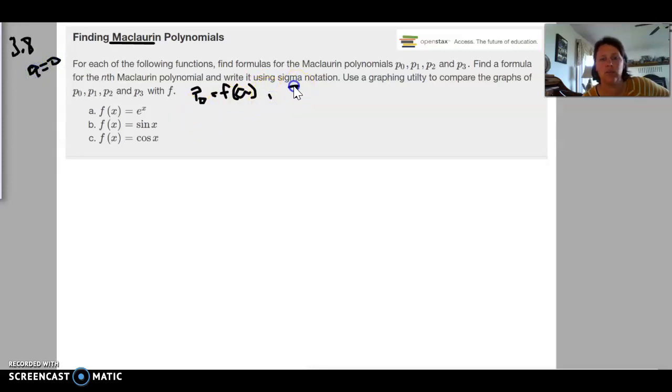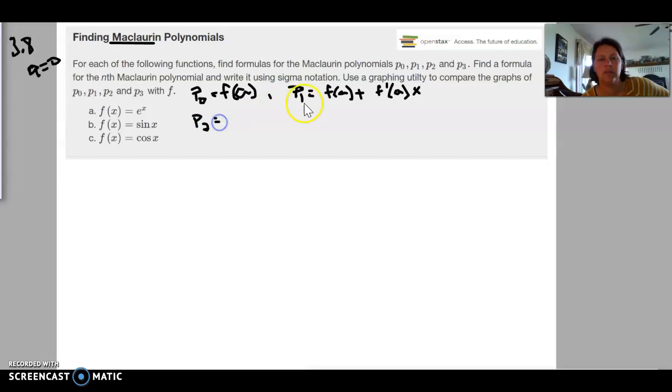Let's write p sub 1 right here since we don't have a whole lot of room. P sub 1 is going to equal p sub 0, which was f of a, plus f prime of a times x.